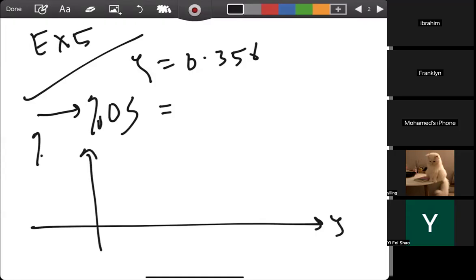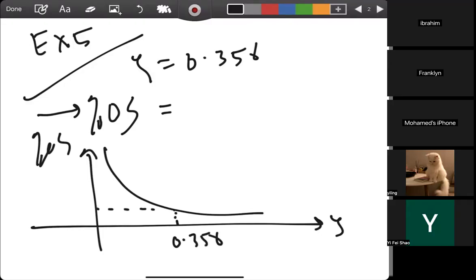So 0.356 is here. What is the corresponding overshoot over here?